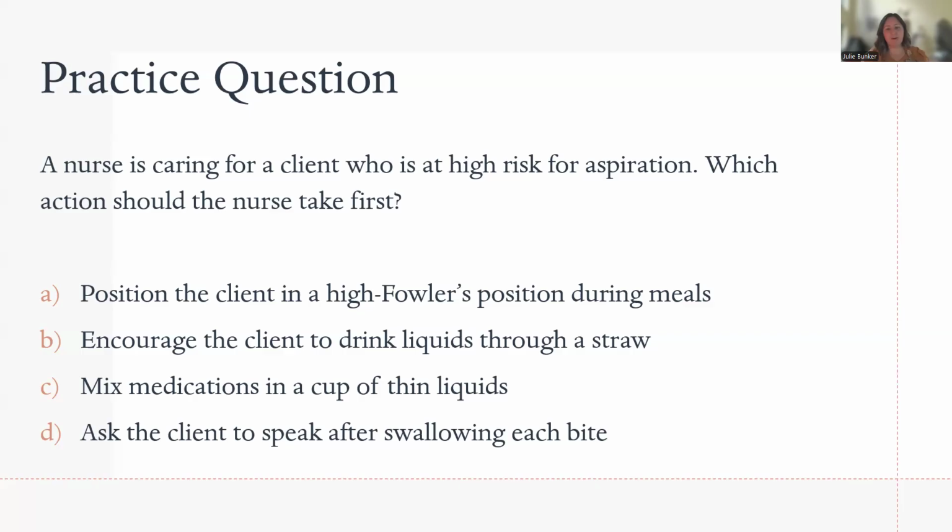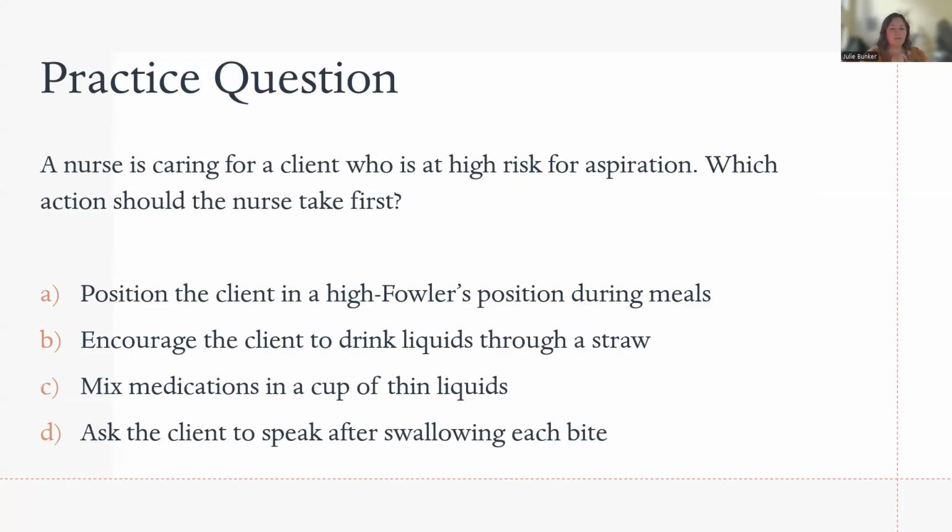No. It aerates the liquid. It also increases the speed in which it's coming into their mouth. Just asking for the disaster. And C specifically mentions it being a thin liquid. When patients are at risk for aspiration, we're going to want to thicken their liquids to a certain extent. That would be ordered typically by a speech pathologist.